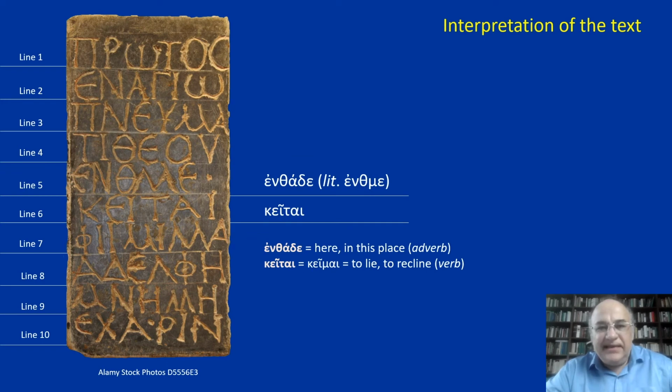The enthade keitai, or keitai, is a typical formula in both Jewish and Christian epitaphs. Enthade is an adverb. It means here, or in this place. And keitai comes from keimai, to lie or to recline.